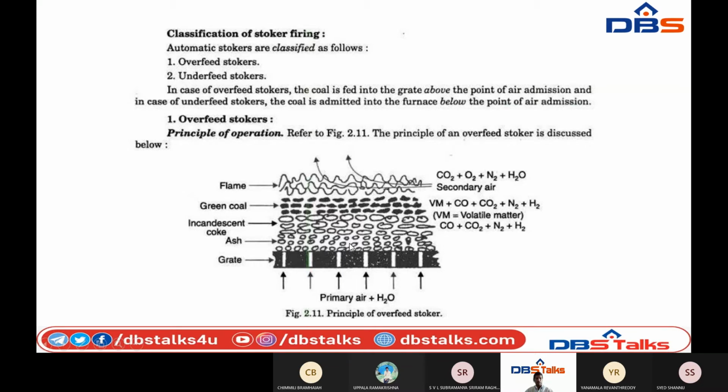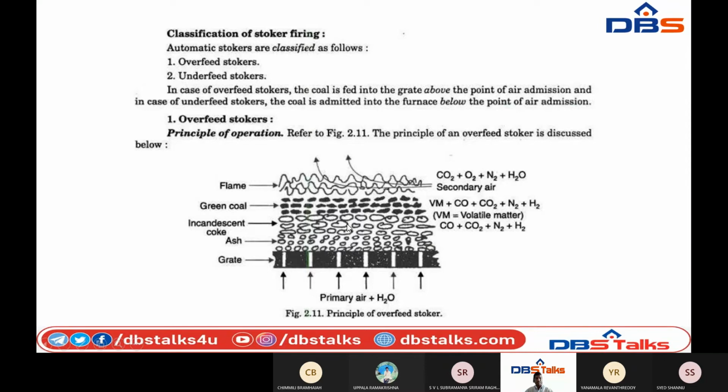The heated air passes through the ash, and heat energy is picked up from the ash content. Then the air is heated. After that, the air further passes through the incandescent coke.